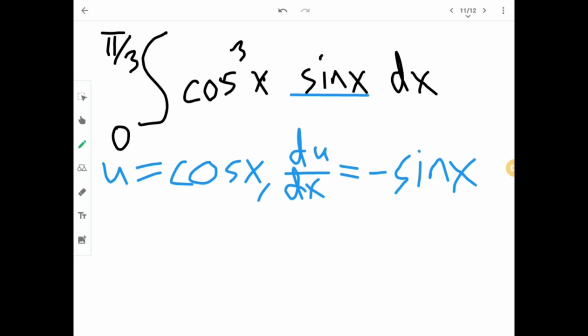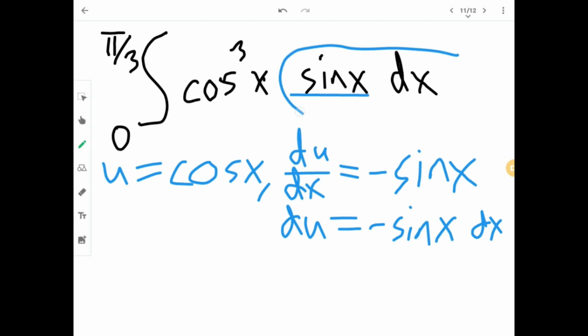You can't mathematically do this, but you can do it for visualization. So du then becomes minus sine x dx. So here you have sine x dx, you can just take it away, but you need the minus.